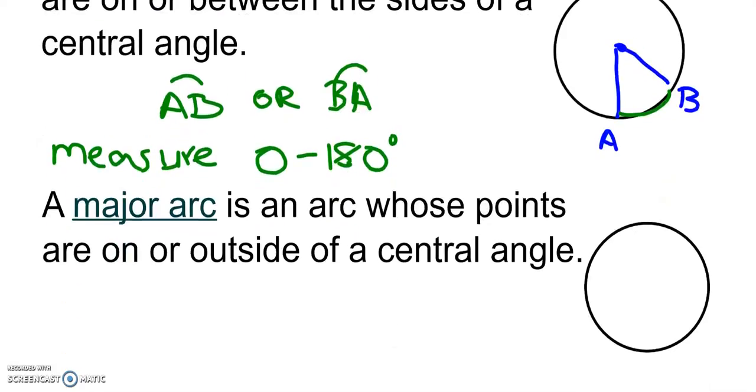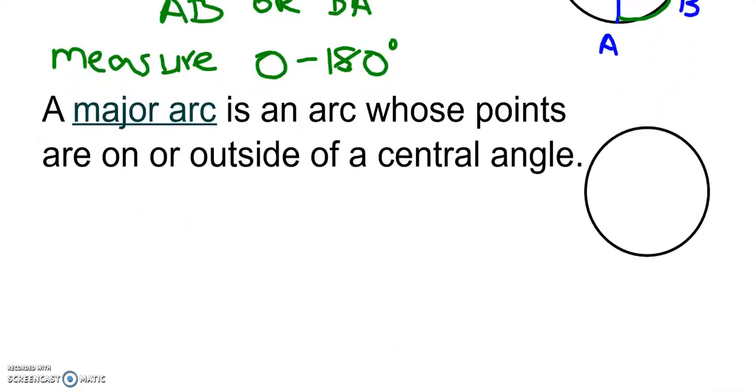Alright, and then the opposite of that would be a major arc. Okay, so that would look something like this, where we have, let's say we have point T here, and M, and the major arc would be on or outside of the central angle. Okay, so this is outside of the central angle, and to label this just like our semicircle, we would need another point to distinguish it from the minor arc over here.